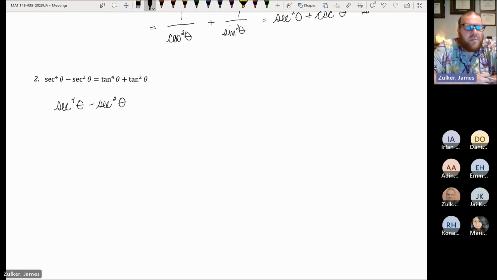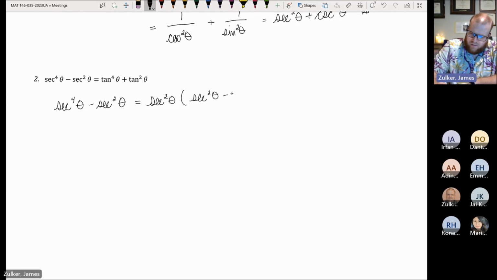I'm going to start with secant to the fourth minus secant squared, and let's see what we can do. Well, we can factor out a secant squared, and we're left with secant squared minus 1.